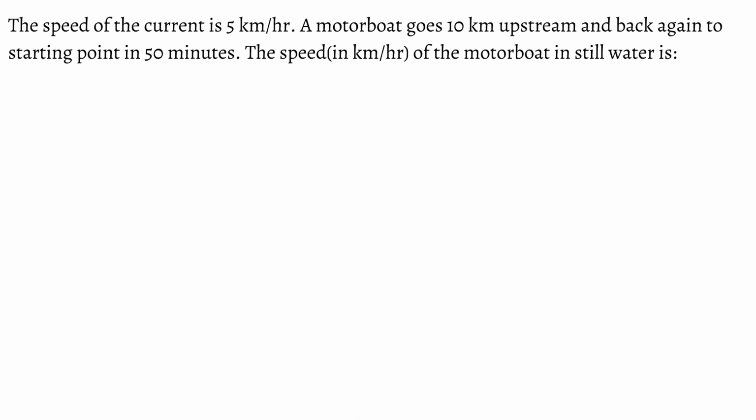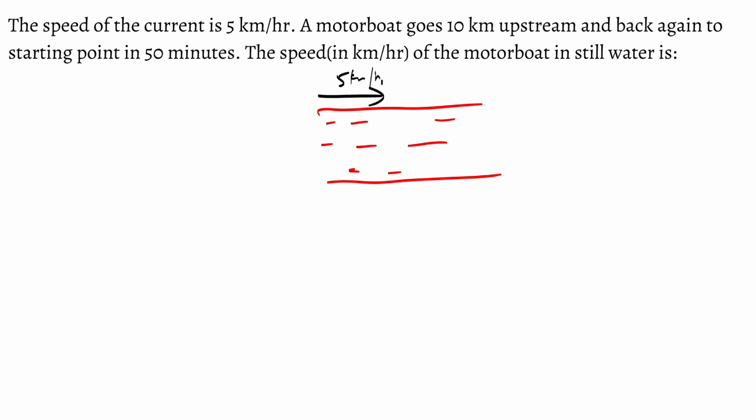The speed of a current is 5 km per hour. A motor boat goes 10 kilometers upstream and back again to the starting point in 50 minutes. The speed in kilometers per hour of the motor boat in still water is? So this is a river. The speed of the current is 5 km per hour, and the motorboat goes 10 kilometers upstream.